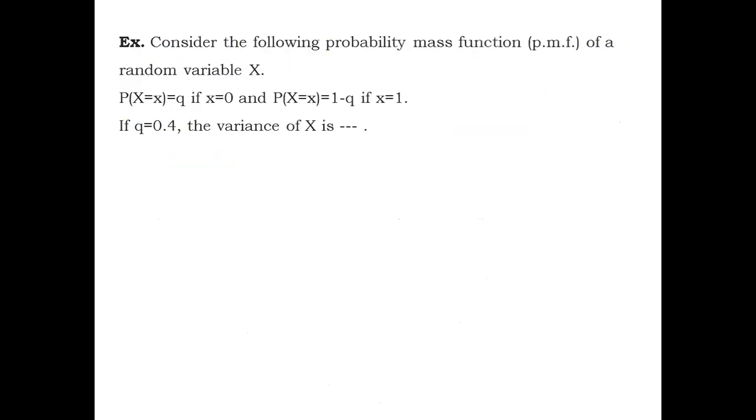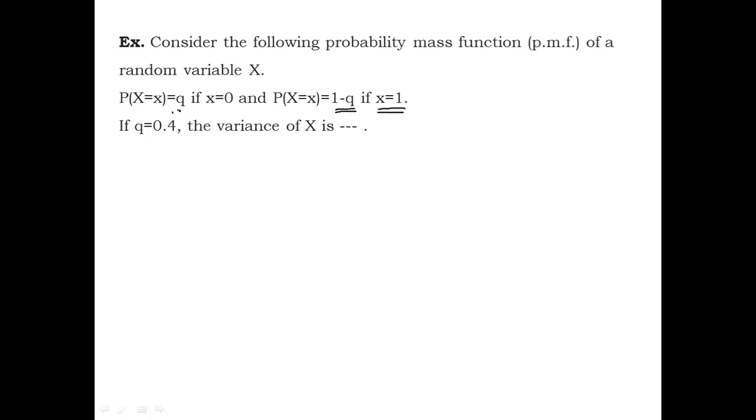So here, consider the following. It is given in this, variance of x is asked. Probability that x is equal to 1 is p.